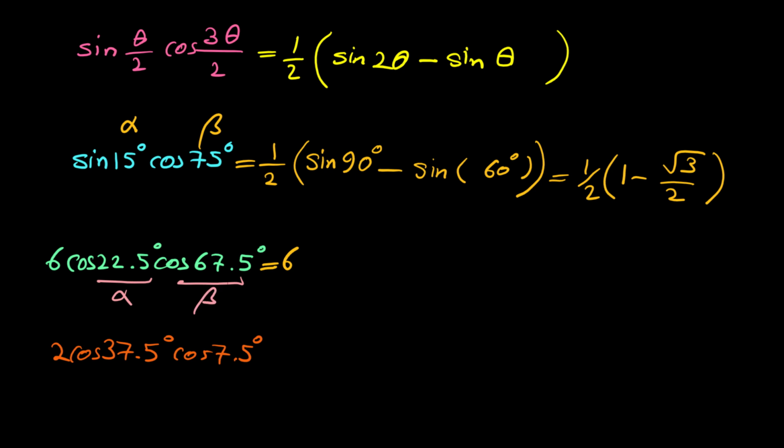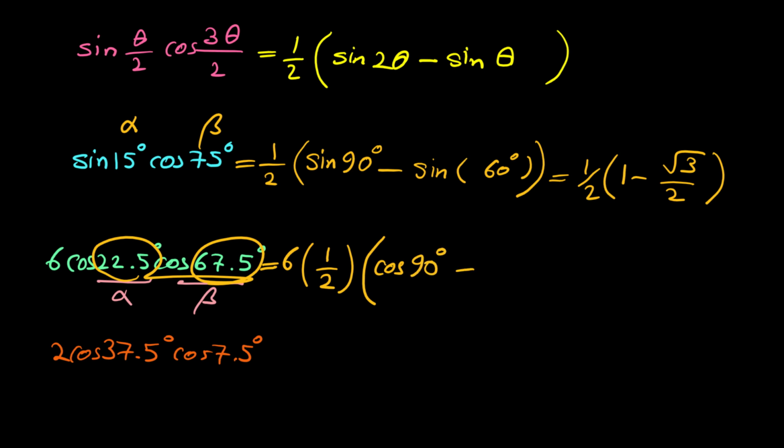This equals 6 times, don't forget you have a 1/2 in the formula, so 6 times 1/2 times cosine of the sum of the angles. 22.5 plus 67.5 is 90 degrees, plus cosine of the difference of the angles.